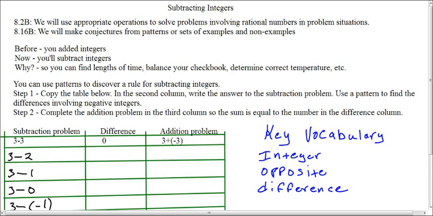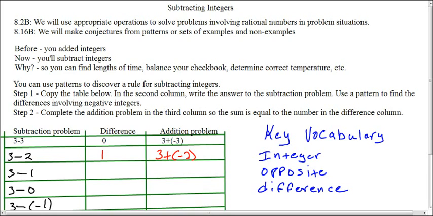So we have 3 minus 2. Well, of course, we know that equals 1. So what could be an addition problem that will give us the same thing? Well, let's try 3 plus a negative 2. Makes sense to me.